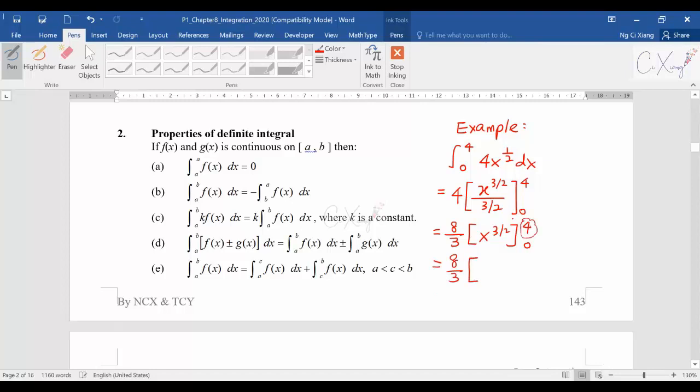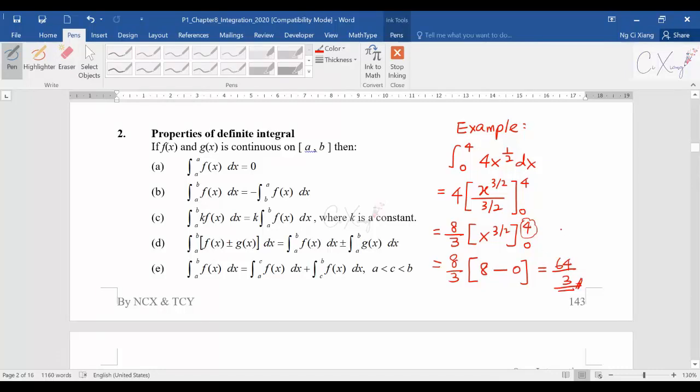First substitute 4 into x. Square root 4 is 2, 2 power 3, you get 8. Then minus, between the first and second value it is always minus, substitute 0 in, you get 0. Therefore you have 64/3 as your final answer. Okay, so this is what we have as a definite integral.